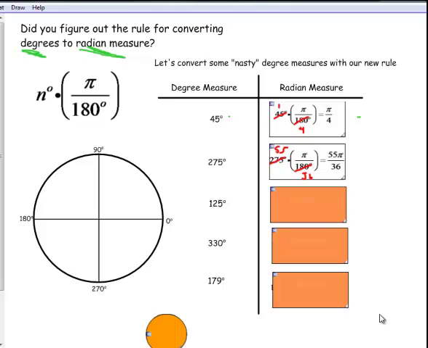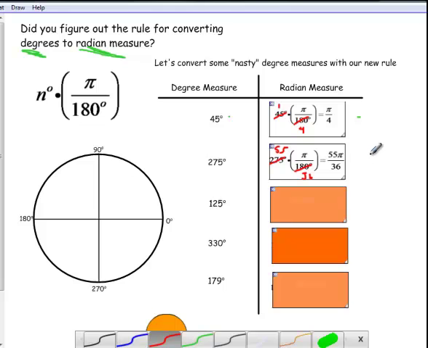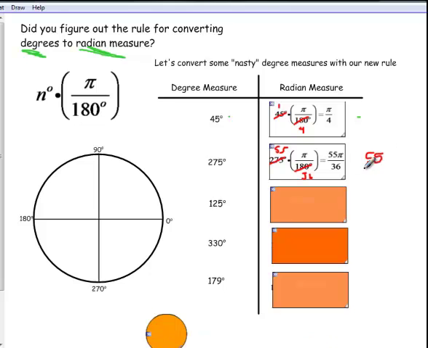Now, if I bring out my unit circle, and notice my unit circle is still in degrees because we're still trying to get used to this, this says it's 55 over 36 pi. Notice how this is an improper fraction. If I divided this out and got a decimal, it's about 1.52.